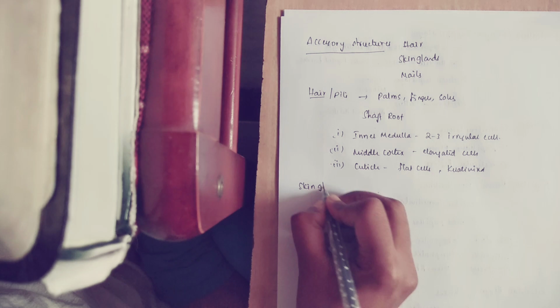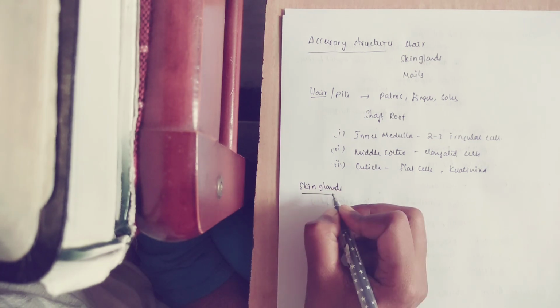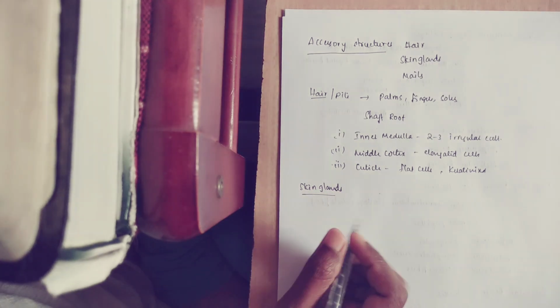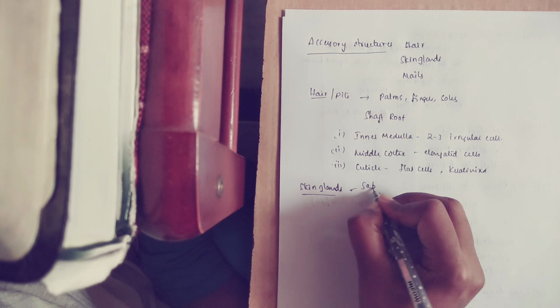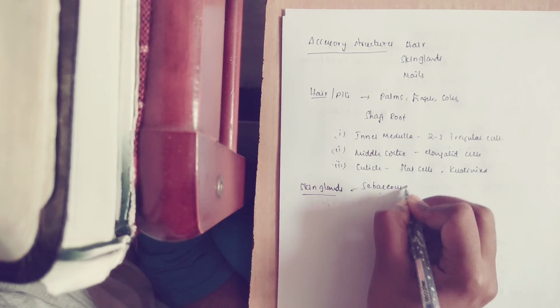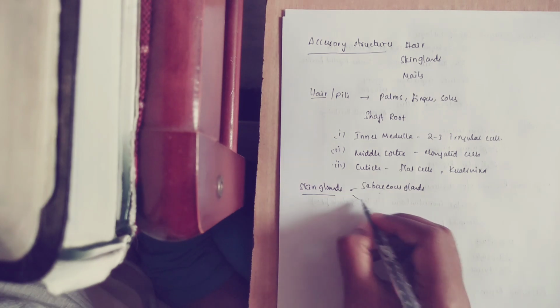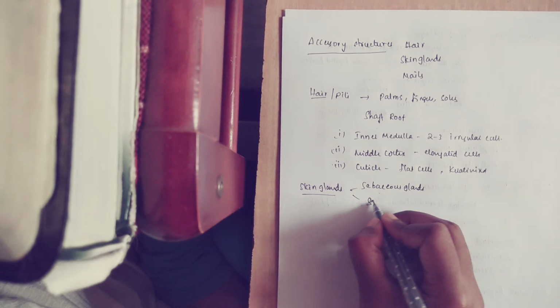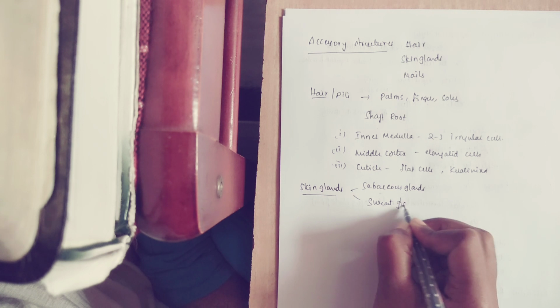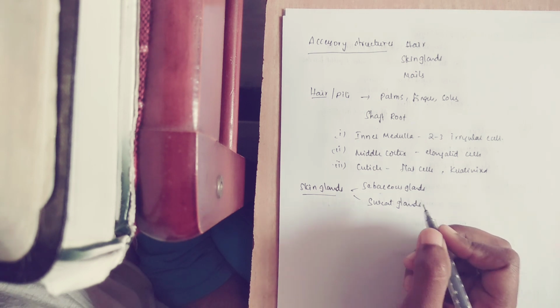Skin glands are of two types: sebaceous glands and sweat glands. Let us see the sebaceous glands.